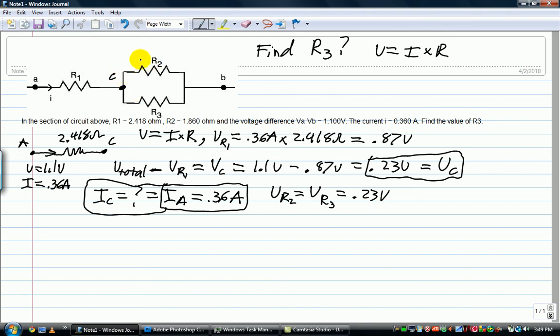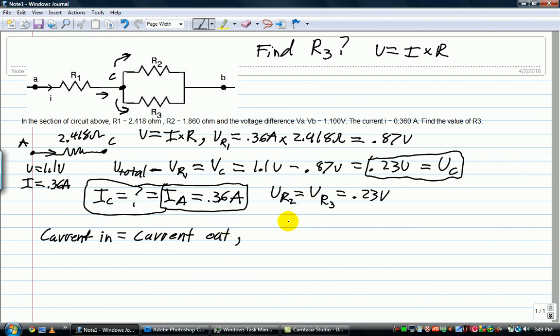However, the current branches out. We have some current in this direction, we have some current in this direction, and our original current is right there. So just using some basic logic and Kirchhoff's law, we know that our current into a node, in this case our node is C right there, our current in is equal to our current out.